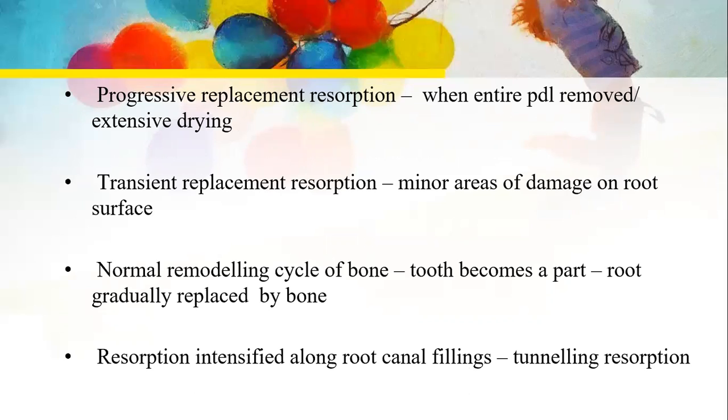This might be transient also, meaning for a very small time. A transient replacement resorption might happen in minor areas of damage to the root surface, whereas in the normal remodeling cycle of the bone, the tooth becomes a part of it and the root gradually gets replaced by bone. That is what happens in an ankylosed condition.